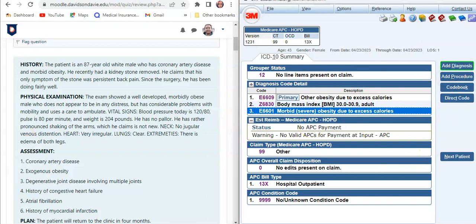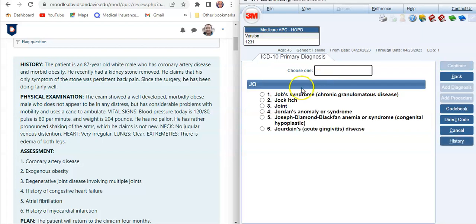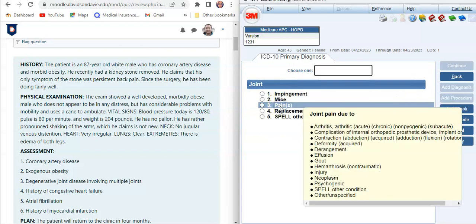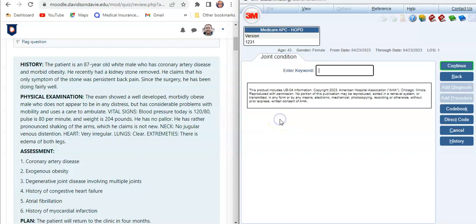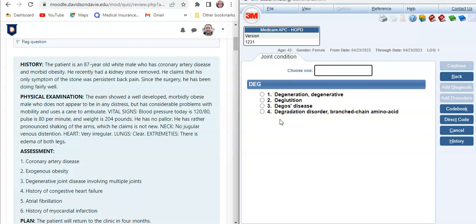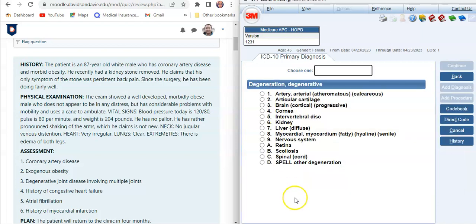So on to the next one. Now the next one is degenerative joint disease involving multiple joints. So I'm going to go ahead and enter in joint. And there's joint right there. Spell specific condition, because none of those are what I'm looking for. I'm going to go ahead and put in degenerative. There we go.